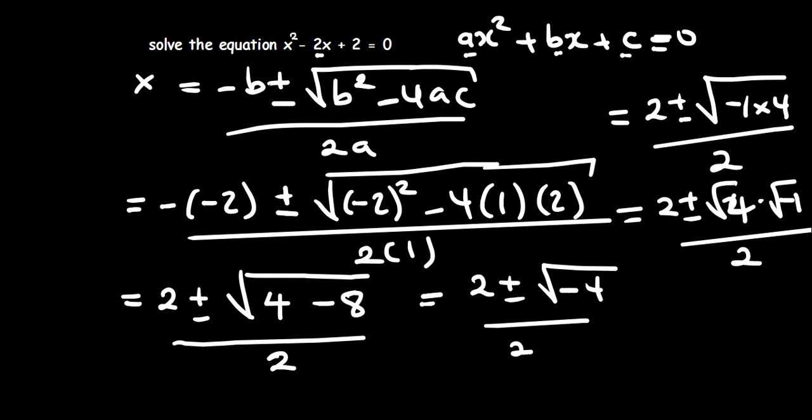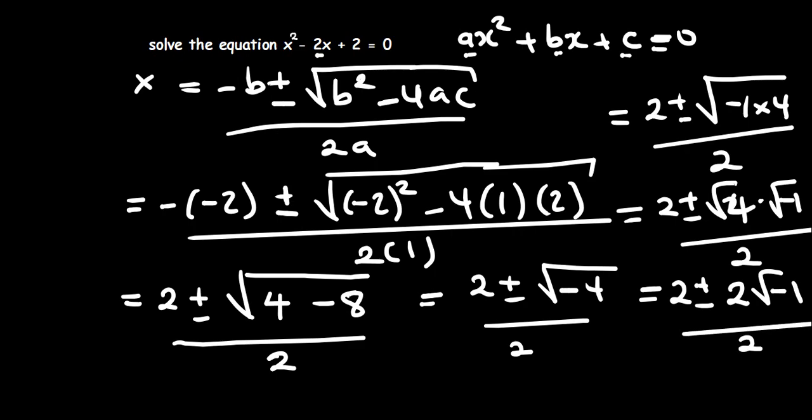I've not changed anything since it's multiplication there. So 2 plus or minus the root of 4, and the root of 4 is 2. Then from here we have our negative 1 there, divided by 2.